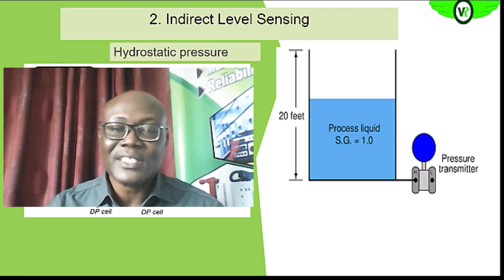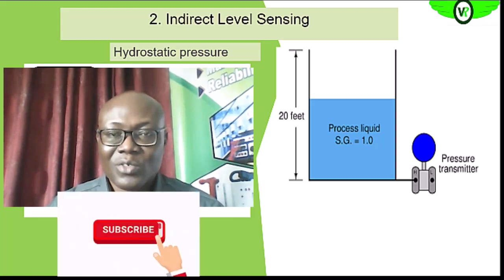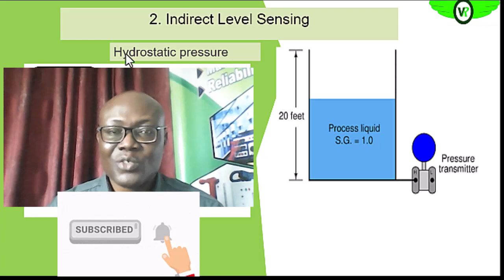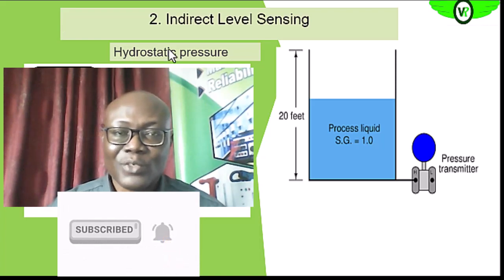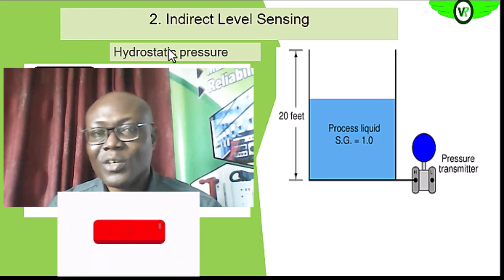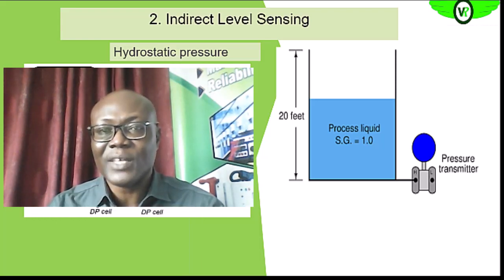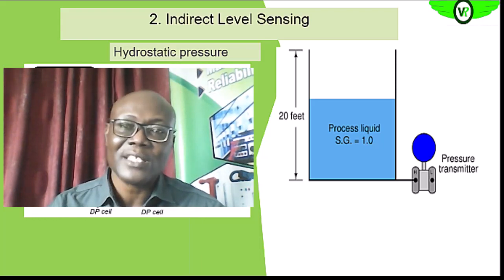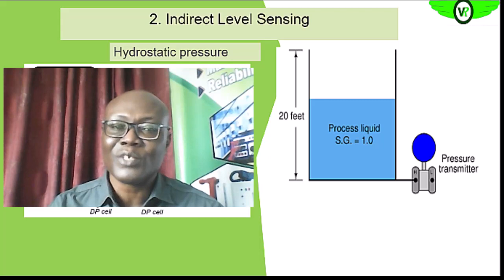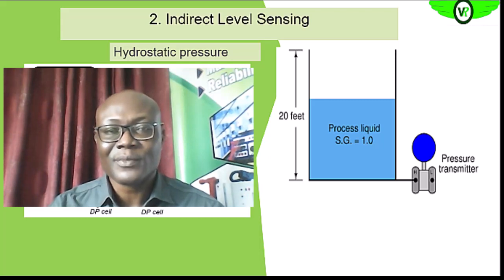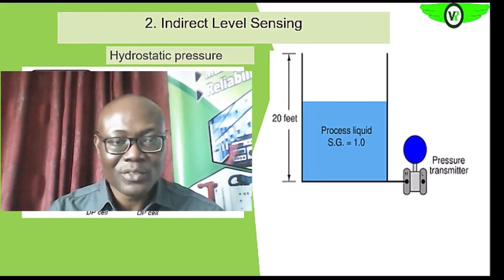So we also have the indirect method, which means you convert one process variable to another process variable, you convert it to level. And a very notable variable that we can convert to level is pressure.